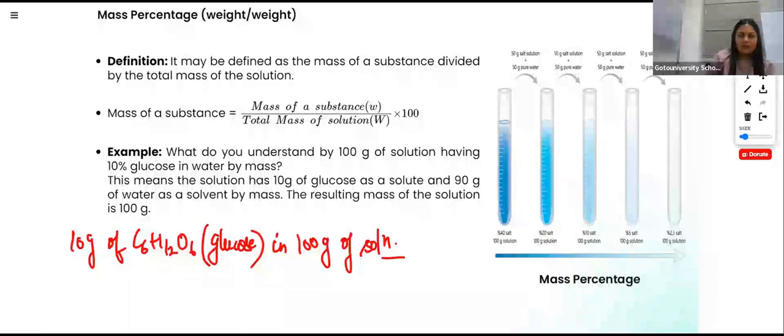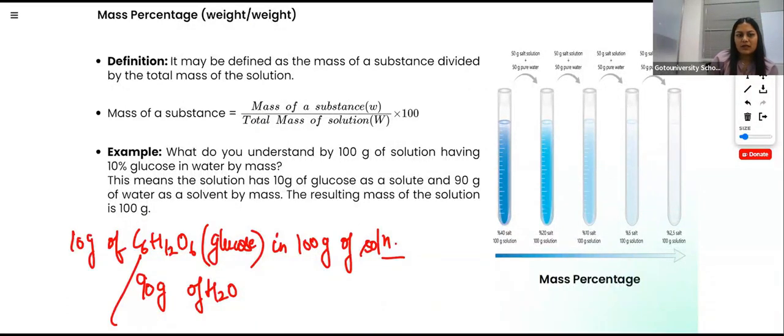So what will be the concentration of solution by mass percentage? This means that we are having the 90 gram of water present in the solution and the 10 gram is glucose, right?